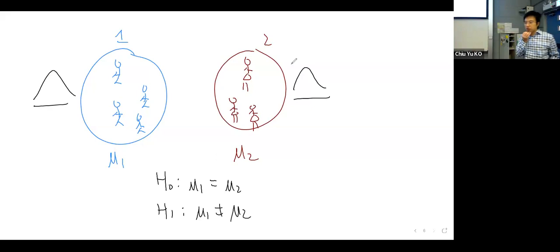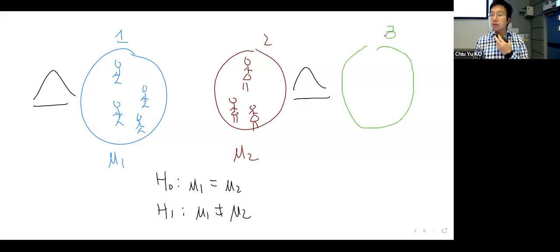So the question of ANOVA is simply to go from 2 groups to more than 2. We have 3 groups. Okay? Suppose you have a group of old men. Okay?